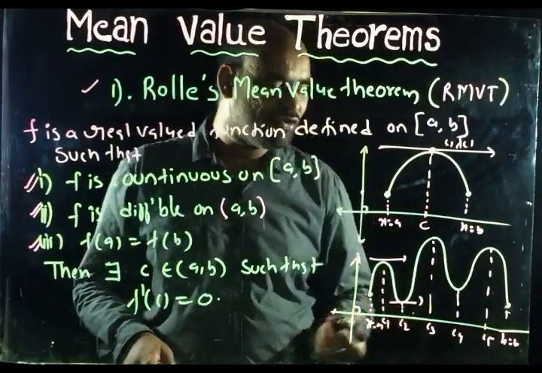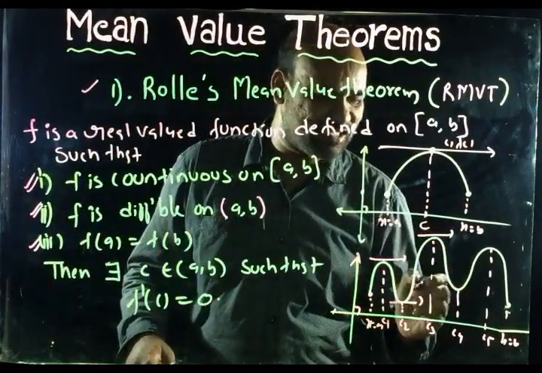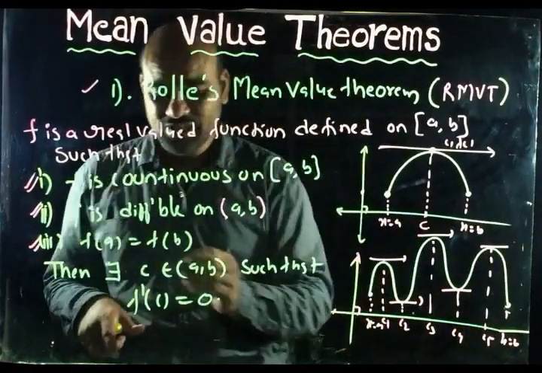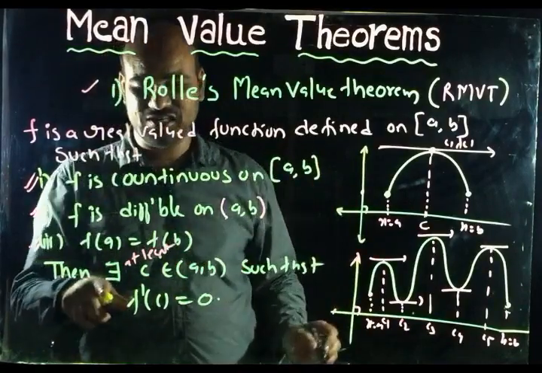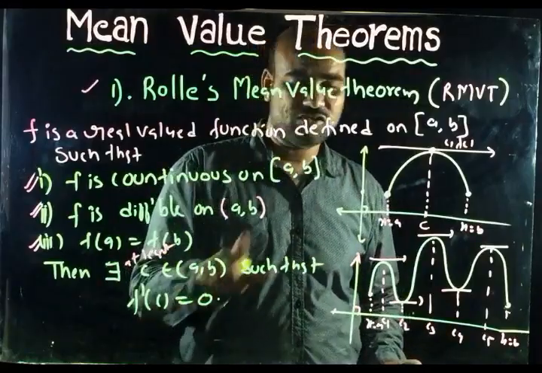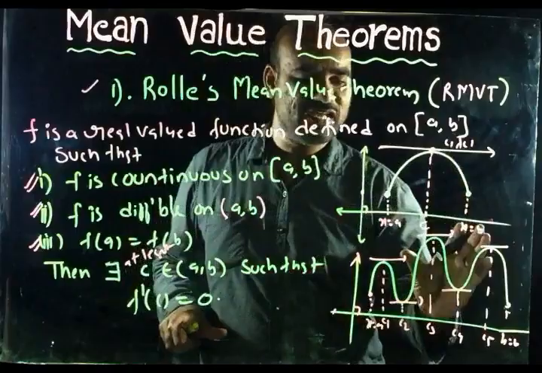At c2 also, at c3, at c4, at c5. So there exists at least one c belonging to (a, b) such that f'(c) equal to 0. This is Rolle's mean value theorem and this is the graphical meaning.